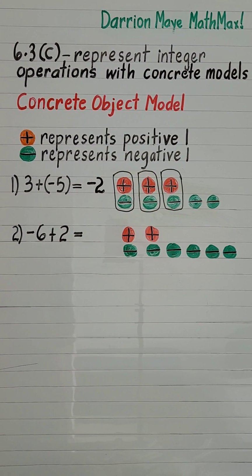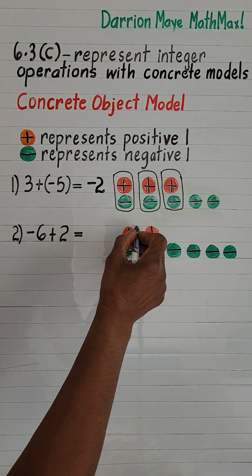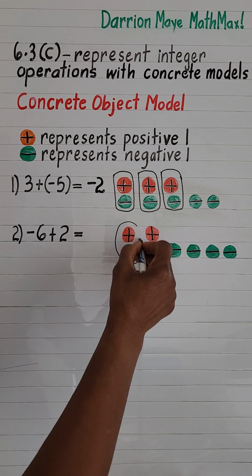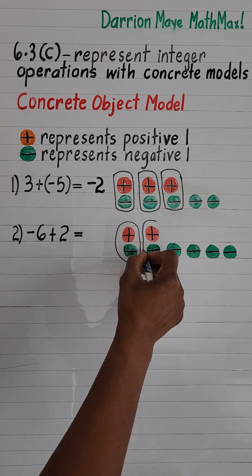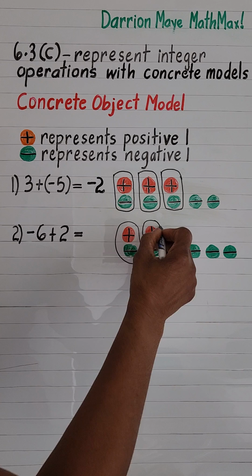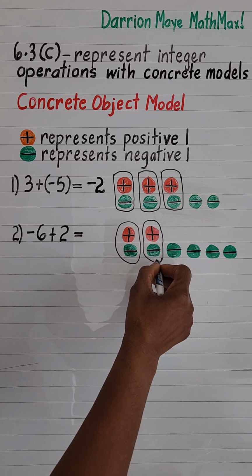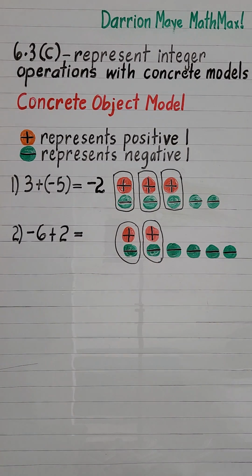And now we're going to look for 0 pairs. So we have 1 pair here, and we have another one here, and then the leftovers is -4. So -6 plus 2 is equal to -4.